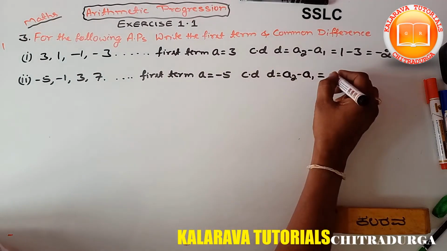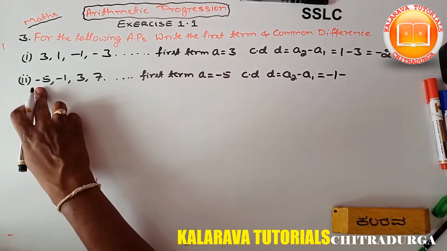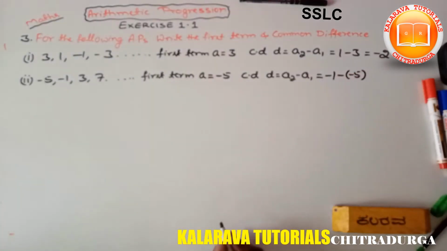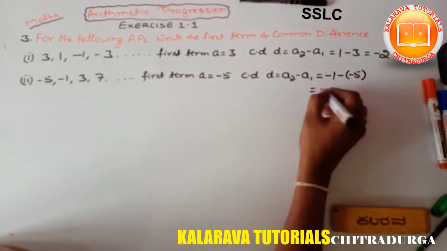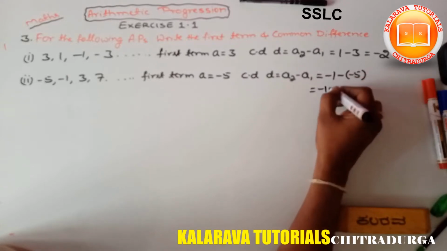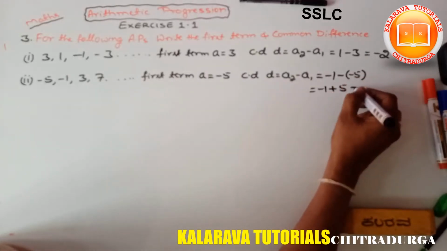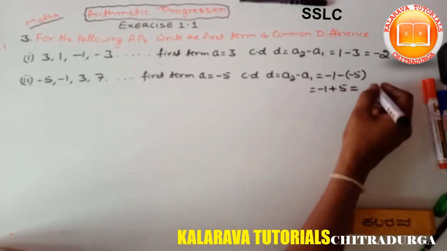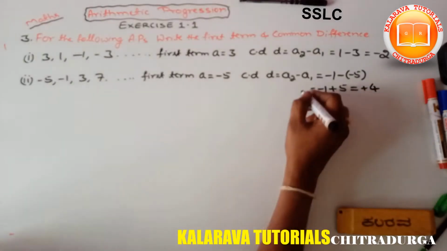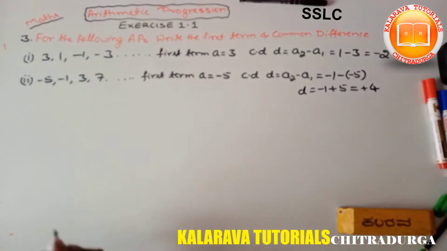Here A2 is minus 1 minus A1, which is minus 5. We have to write that in the bracket. So minus 1, first we multiply these two symbols, minus into minus is plus 5. So minus 1 plus 5 gives you plus 4. The value of D is plus 4.